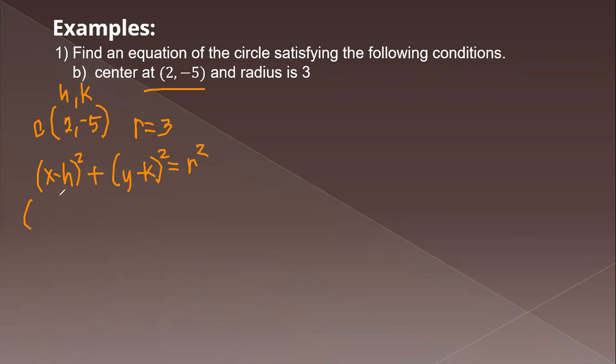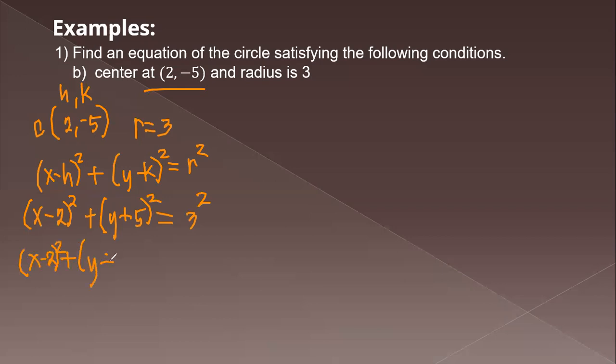So we have x minus h, that is 2 squared, plus y minus our k, that is negative 5. Negative times negative will become positive 5 squared, is equal to our radius, 3 squared. So we have x minus 2 squared plus y plus 5 squared is equal to 9. So this is our standard form.